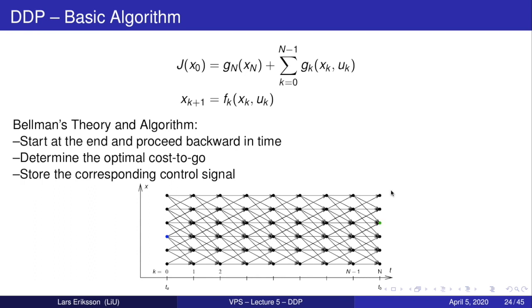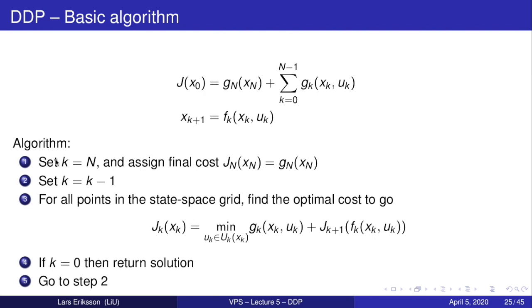So let's jump to the algorithm, where we'll start by tagging these with numbers and then we will propagate. So the algorithm looks as follows. We set k equal to n and we assign the final cost that we have, which is g of n. So the final cost is specified by this and it's placed there.